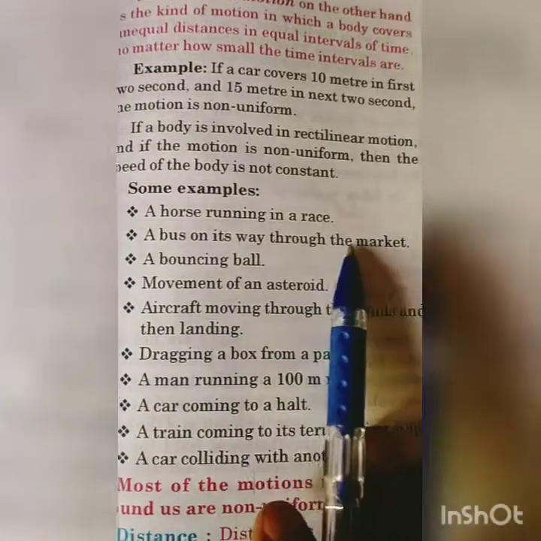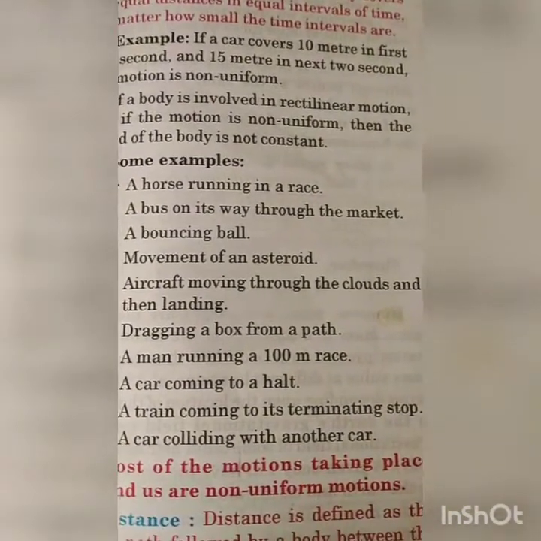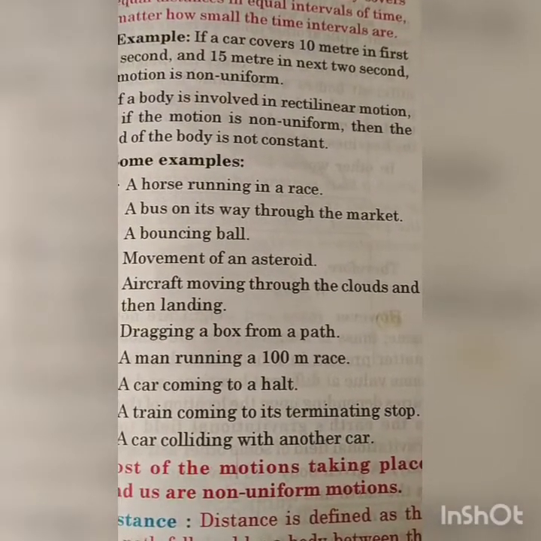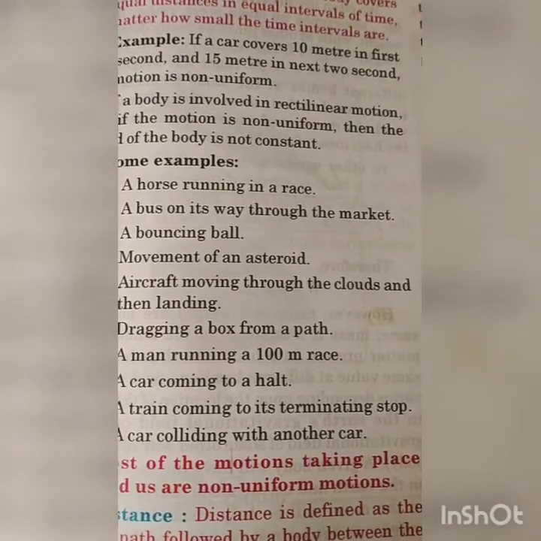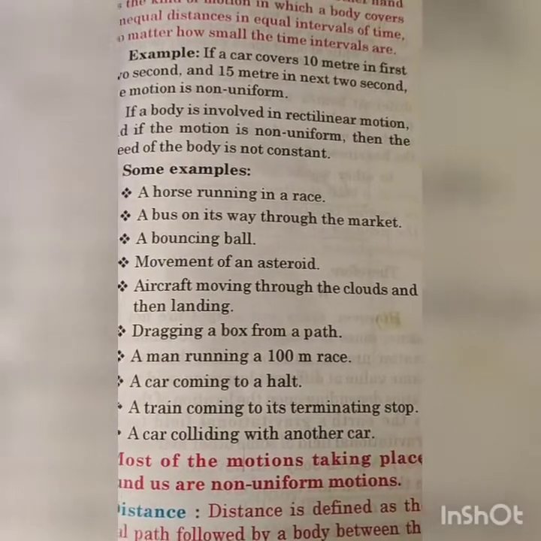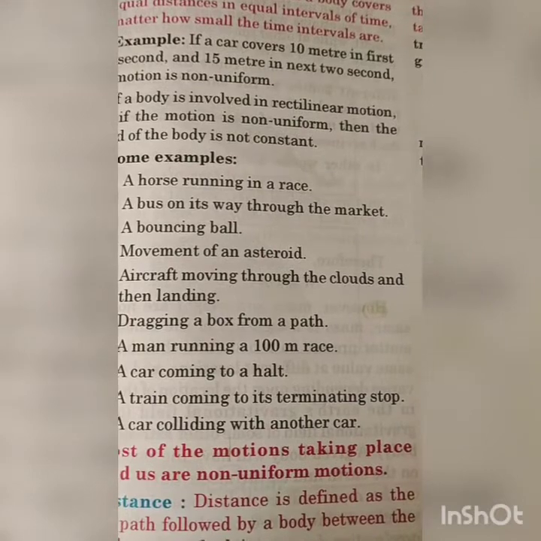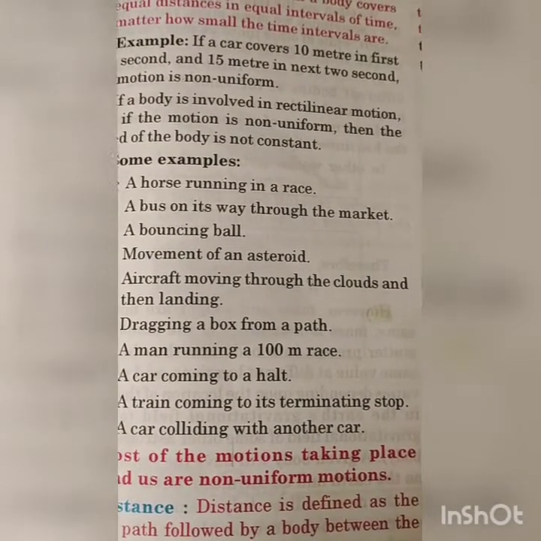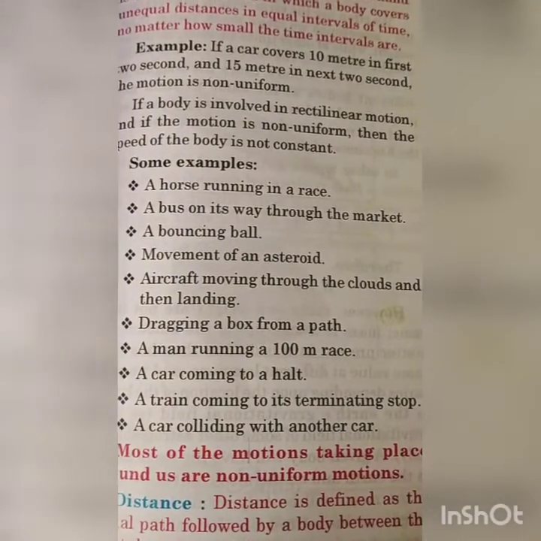A horse running in a race, the horse does not run at a constant speed, the speed may differ. A bus on its way, when a bus or a vehicle is going in a busy place or a market, it has to slow down also, it will change the speed, change the gears also, so that is non-uniform.